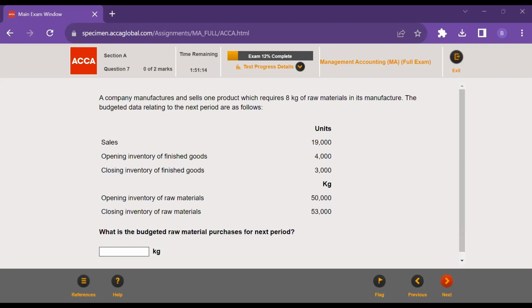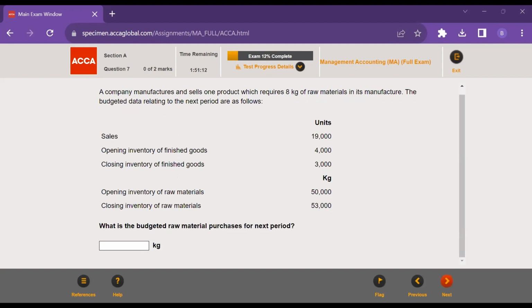Moving on to the next one. A company manufactures and sells one product which requires 8 kg of raw material in the manufacturing. We have the data given: sales, opening inventory, closing inventory, and also the opening and closing inventory of raw materials. We have to find out the purchases of raw material for the next period. First of all, we have to find out how much we will be producing in this time period.